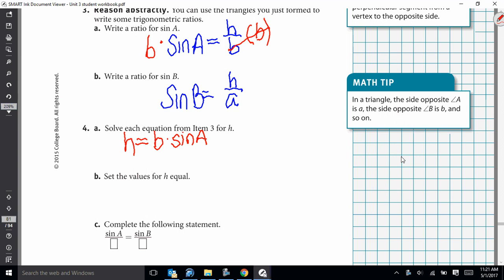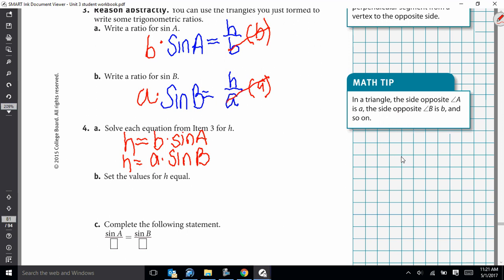All right. So now, what's our other equation? So we need to get rid of that H, the A, so that we have H equals. So this one we have H equals A times sine of B. All right, so since B times sine of A equals H and A times the sine of B equals H, since they both equal H, then what do I know about the two right sides?